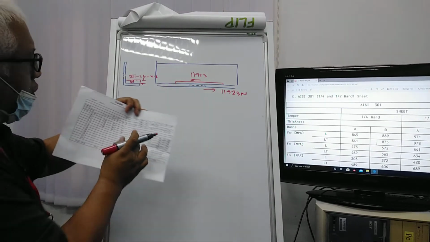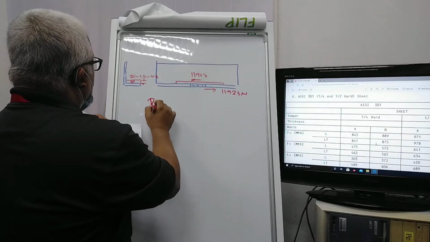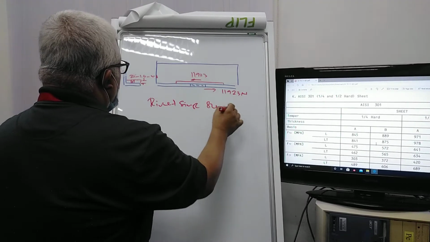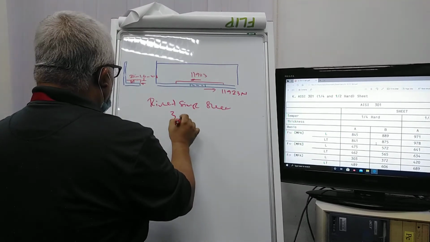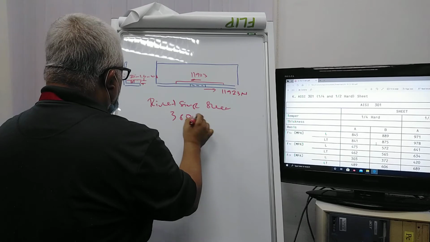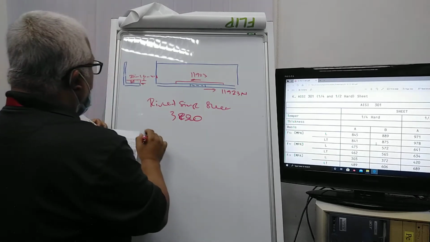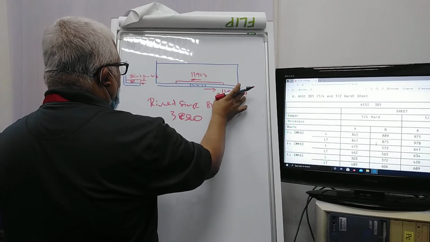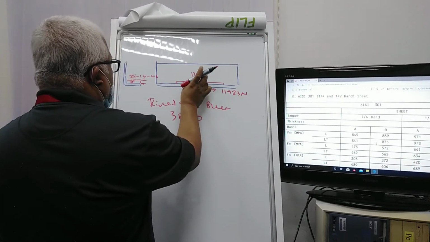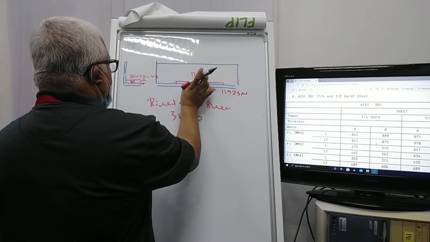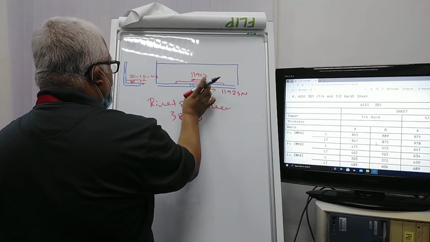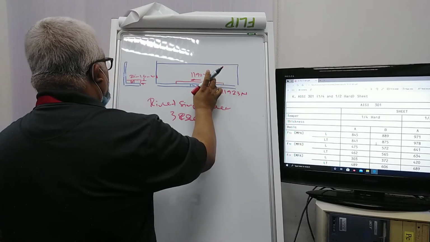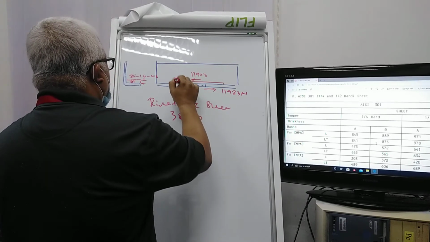The single shear is 3820. Now how many rivets are required? This 11,923 is the loss which has now been taken care of by the doubler, and we studied the doubler: the thickness is 1.6 and the material is ASI 301. Now how many rivets do you need to put across?